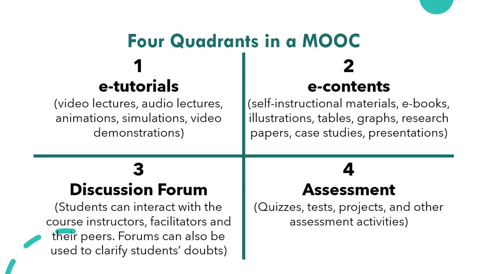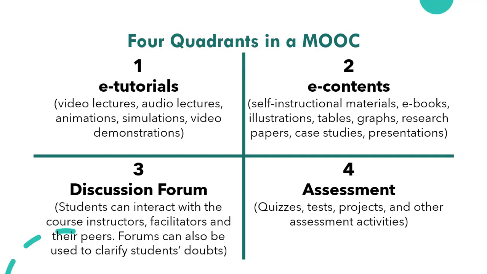So learners also interact with their peers and learn from the discussion forum. And the discussion forum can be used for clarifying students' doubts and sometimes to concretize what they learned in the course. And the final quadrant, the 4th one, is assessment. It includes quizzes, tests, projects and any other assessment or evaluation activities designed by the teacher.